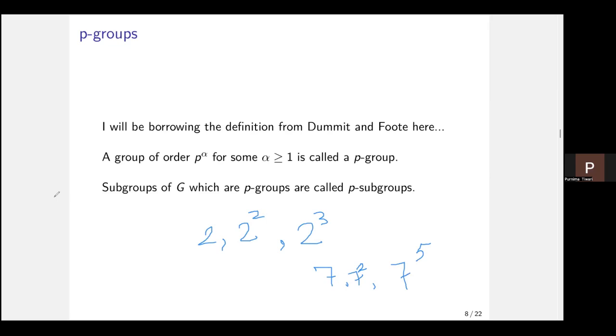That was the basic definition. Now, coming back, subgroups of G which are p groups are also called p subgroups, as normally the definition goes for a group and a subgroup. Same applies for this case.